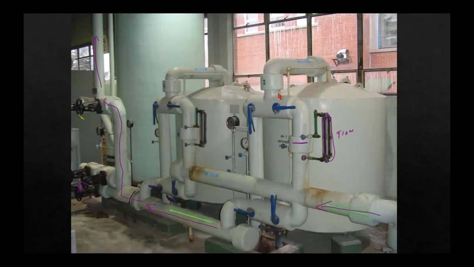And so right now you can see that this particular one is in service because the service inlet is open, the service outlet is open. And when we want to, oh, and there's the vent. And down here is the drain or the rinse outlet. And so to actually do the backwash, we're going to shut this, and we're going to shut that, and we're going to open the backwash inlet.